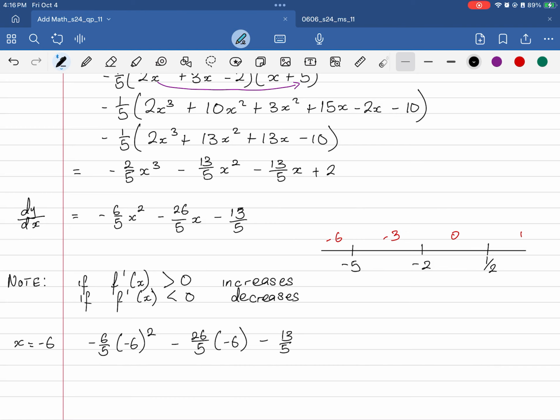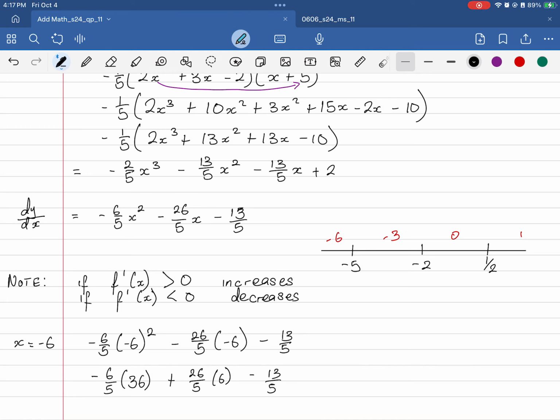I'm sure some of you have already plugged this into your calculator. So if I simplify this, I have 36 here, and this minus times minus is plus, so this becomes 26 over 5 times 6 minus 13 over 5.